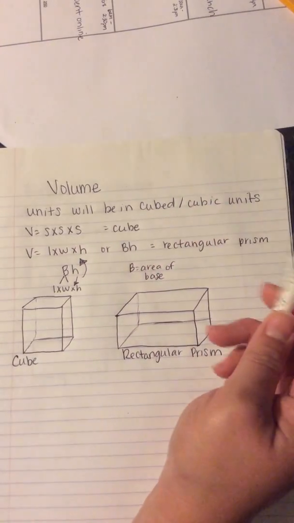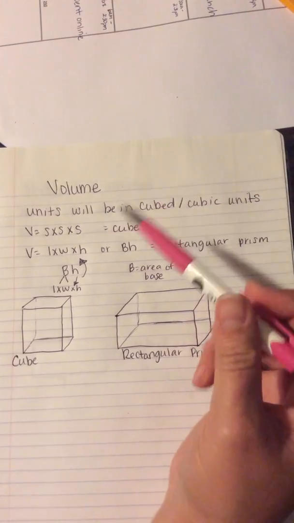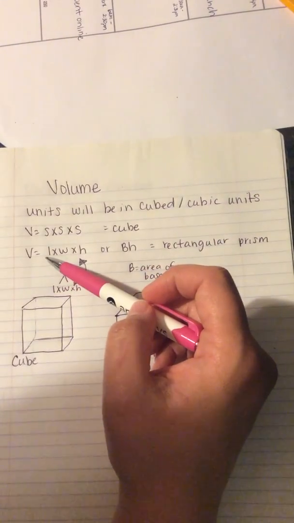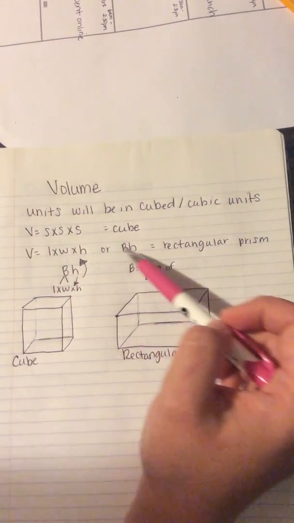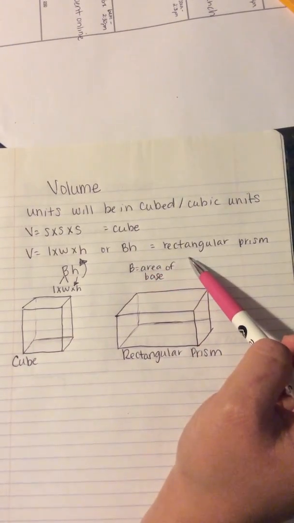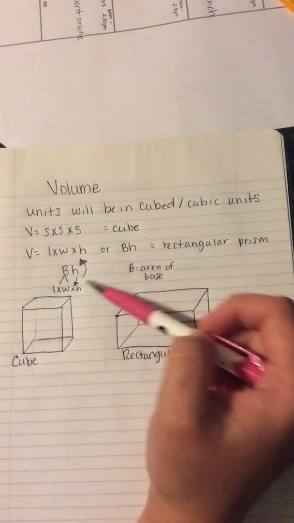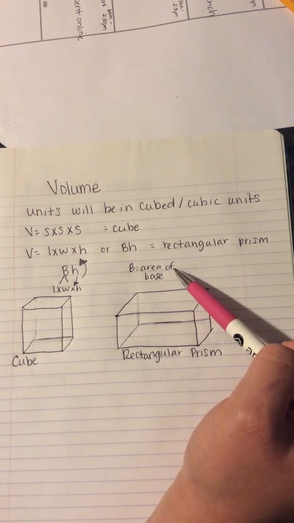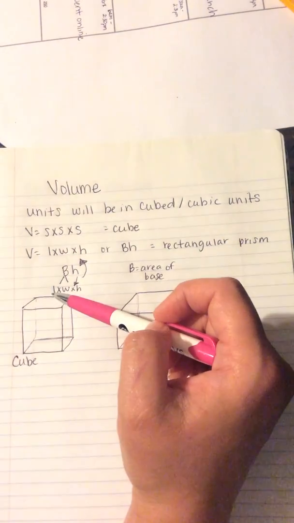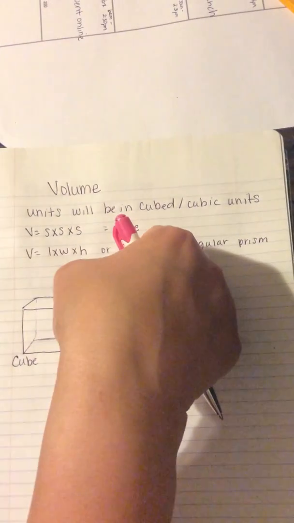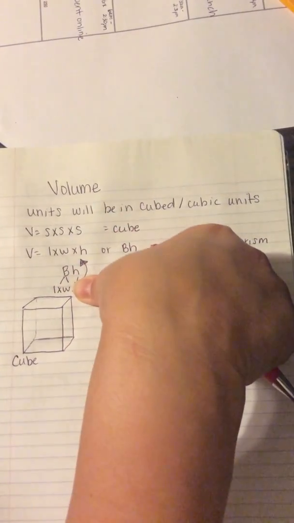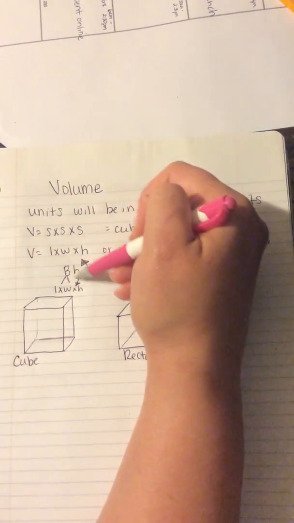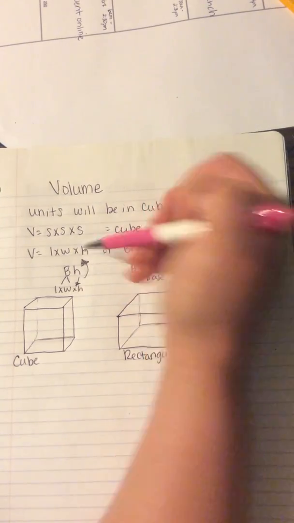I'll give you an example just to prove it to you. I also have length times width times height, or big B times H for a rectangular prism. Big B, remember, is the area of the base. When I'm finding area, I multiply length times width, and then when I bring down that H, I have the same formula as that.